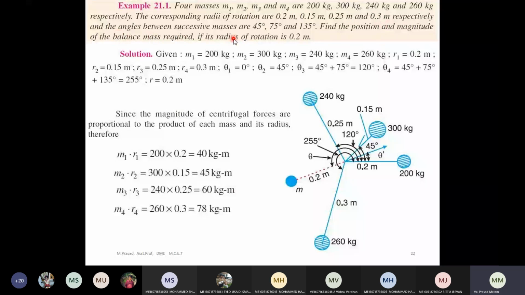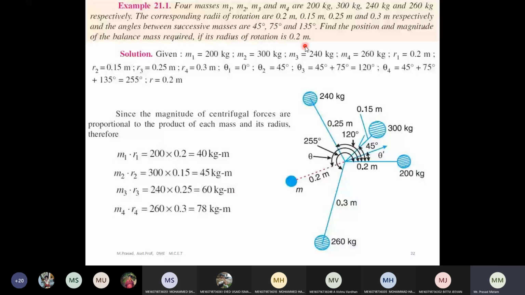The angles between successive masses are: between mass 1 and mass 2 is 45 degrees, between mass 2 and mass 3 is 75 degrees, and between mass 3 and mass 4 is 135 degrees. Now your aim is to find the position and magnitude of the balance mass required if the radius of rotation is 0.2 meter.